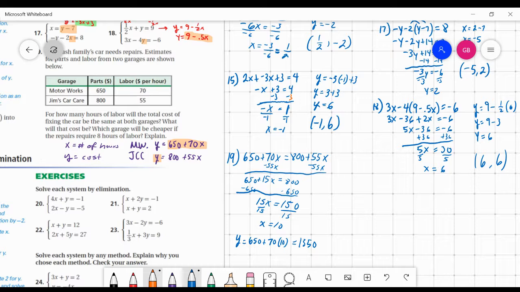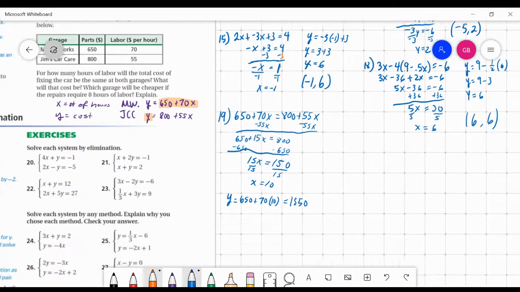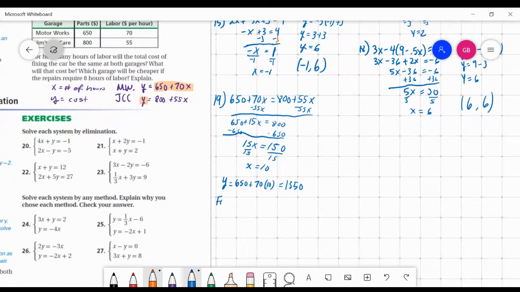Okay, so for 10 hours, the cost will be the same at 1,350.